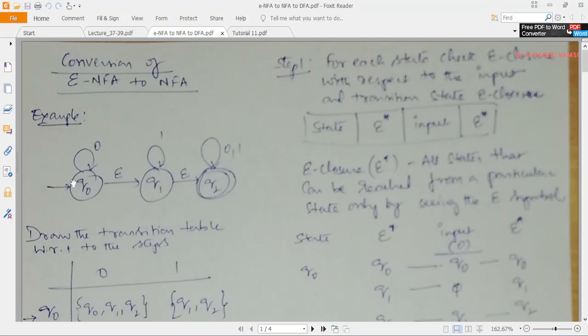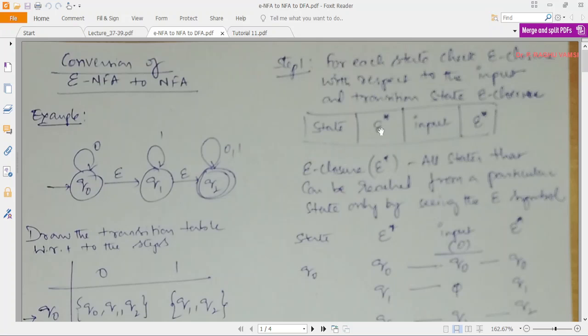For example, the state is Q0. On Q0, what is the epsilon closure? Whatever set you get, for each state in the epsilon closure, upon the given input, what is the resultant output? And on this output, what is the resultant epsilon closure? So we need to draw this table for every state and for every input.